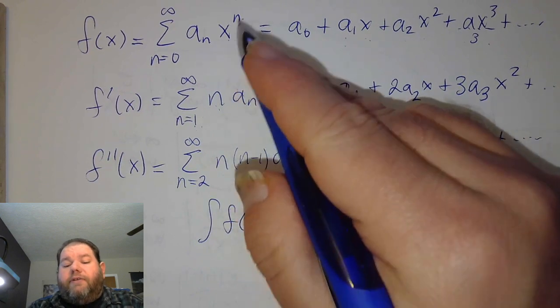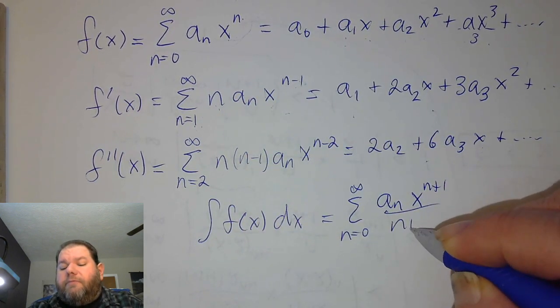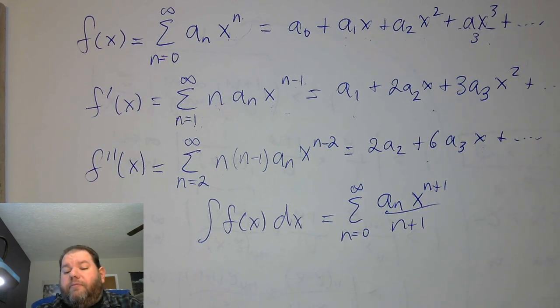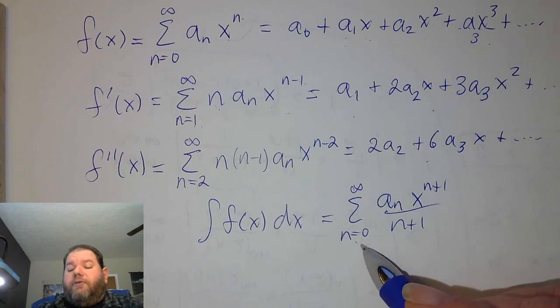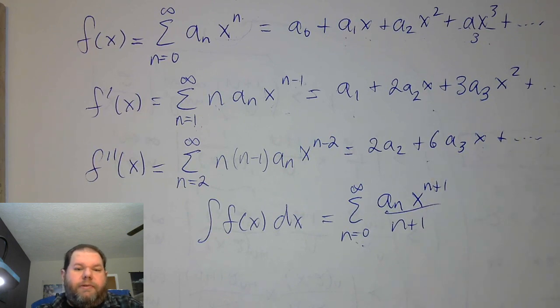So if we integrate x to the n, it'll be x to the n plus 1 divided by n plus 1. That's just our power rule for integrals. We don't have to change the starting index on an integral, because if we plug in n equals 0, it's still x to the first, which is a valid polynomial. It's only if that drops to a negative number where we have an issue, and we change the n based on that.